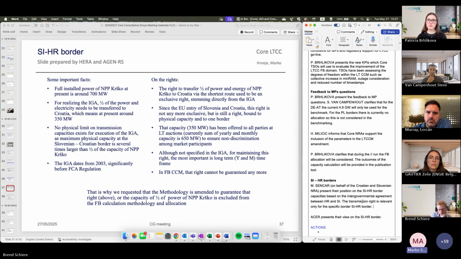And that is why we requested that the methodology is either amended to guarantee the right above, or the capacity of half of power of NPP Krško is excluded from flow-based calculation methodology for allocation. This is how we summarize this right and what we requested. Thank you.